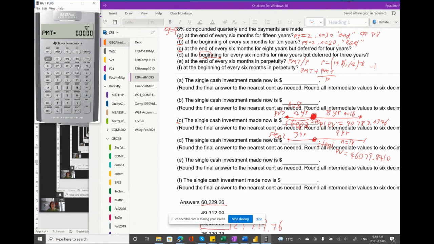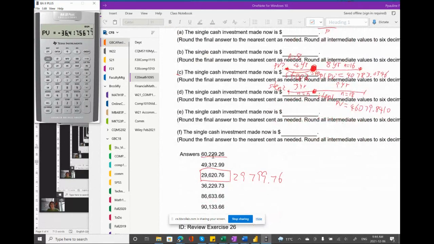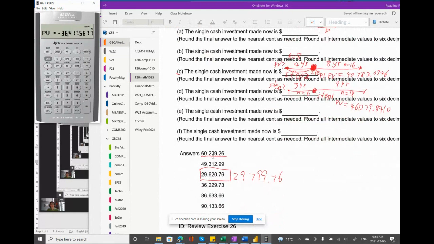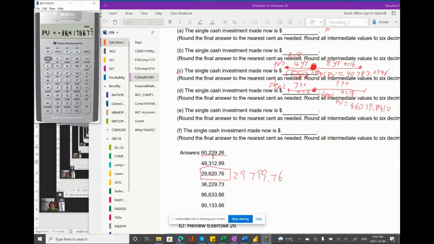For step 2, 0 is PMT. Term N equals 6. Interest is still 8. Then compute PV, and I got this number. Still, I don't agree with this number.